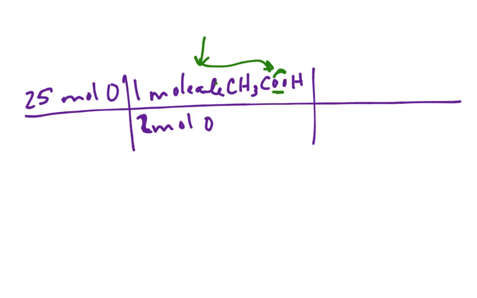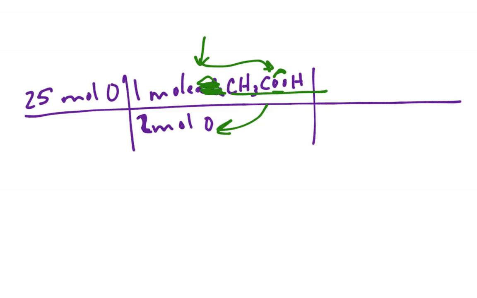Sorry, it should have been 1 mole of CH3COOH is 2 moles of oxygen. Okay, if I cut off 10 heads, then I have 20 eyes. There's 2 eyes per head. Same kind of idea there.